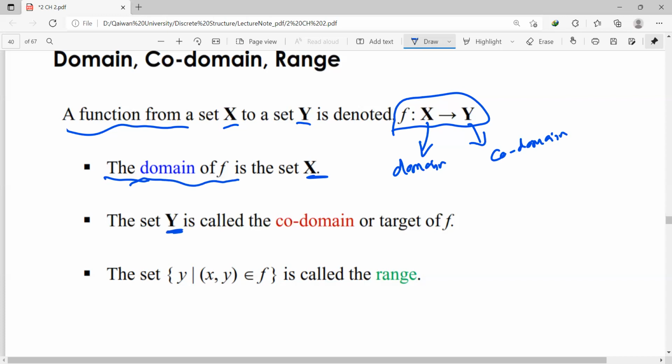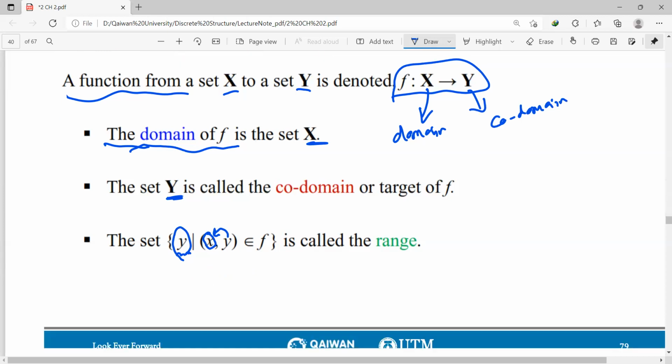And the range is those elements in y which are images of elements of x. Here we say it is the set of all y, where y is the image of elements of capital X. This is called range. We have an example here.